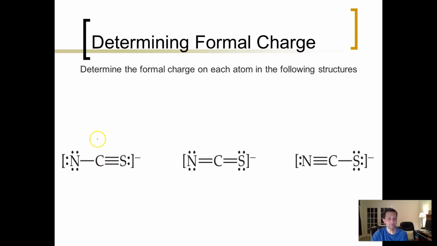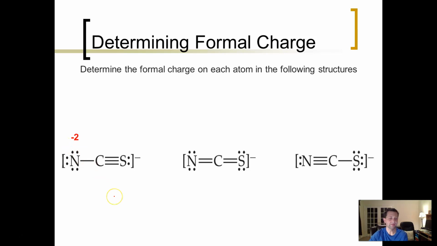Okay, so structure on the left here, we have 3 basically different Lewis structures for NCS -1, just an ion that we have. So over here we have nitrogen, should have 5 valence electrons, and assigned electrons are 1, 2, 3, 4, 5, 6, and 1 from that bond is 7.